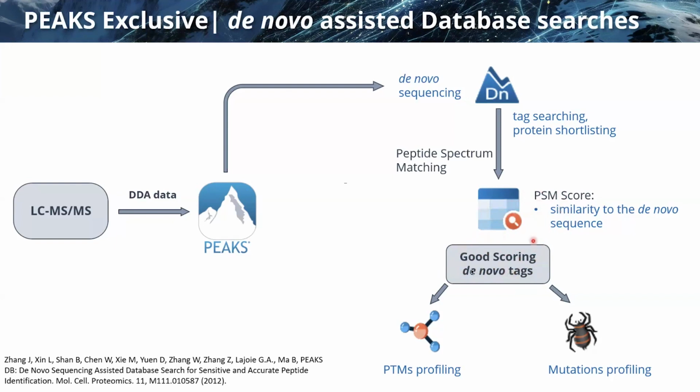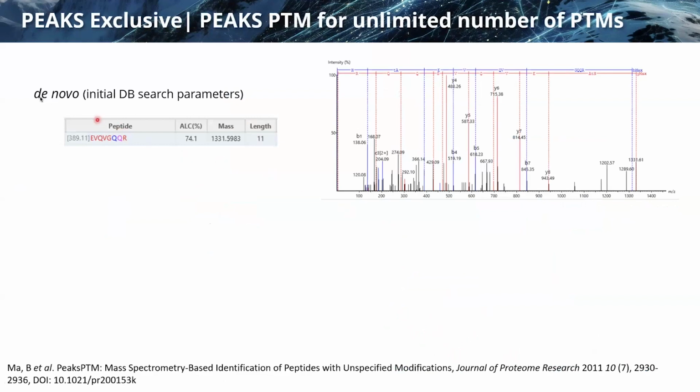However, having these de novo tags, we can now permutate in pretty much all of the built-in modifications in order to fit them in and match this missing, perhaps, part of the sequence. And I have an example here where I pulled a scan with a de novo sequenced peptide, which was not found or identified in the database given those initial search parameters, whatever they were.